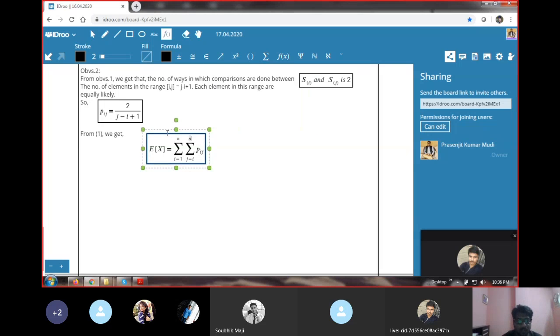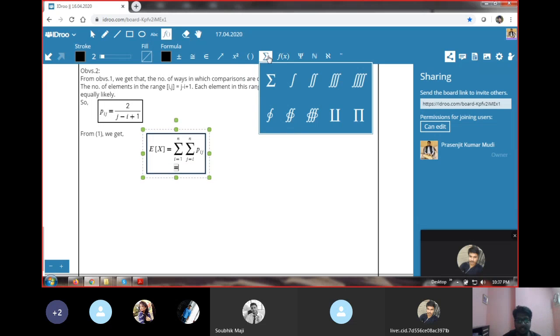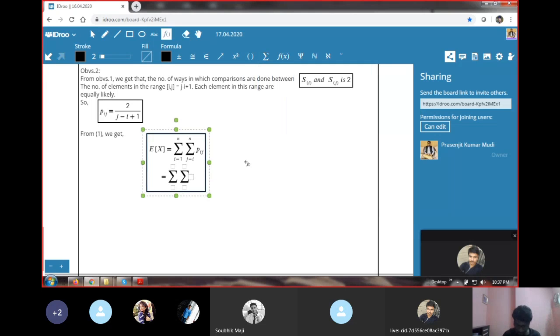In the next line we can write this as the double summation of Pij, which is 2 by j minus i plus 1.